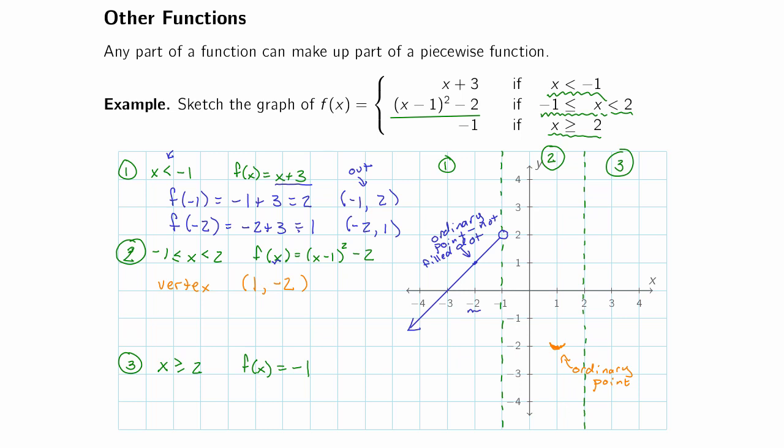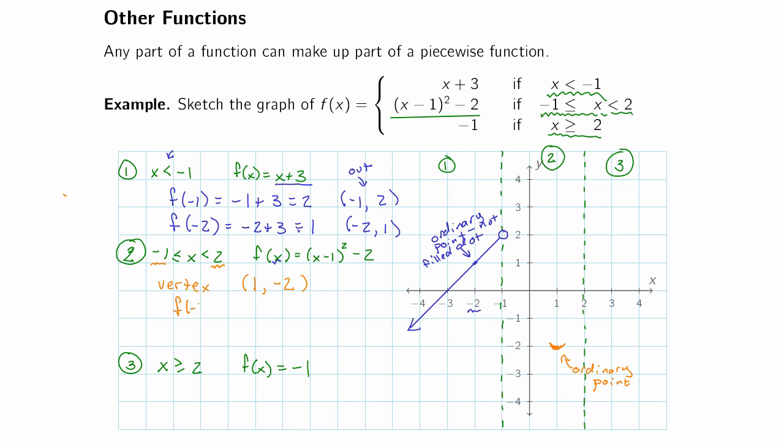Okay, now to draw a parabola, I need a point on either side. I might as well use, for my points on either side, the endpoints of my region, so that I know where my ends are. So now I'm going to plug in the negative 1 and the 2 to see where the ends of that part are going to be.